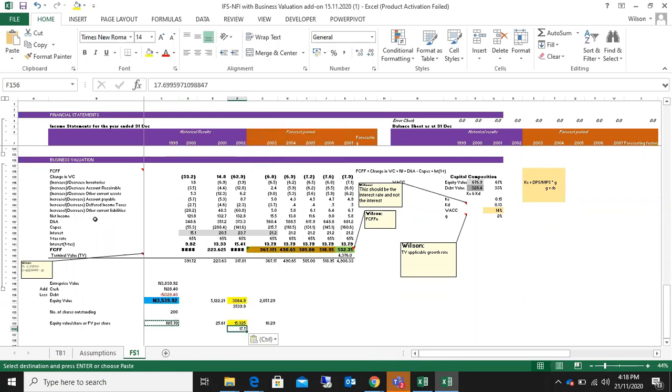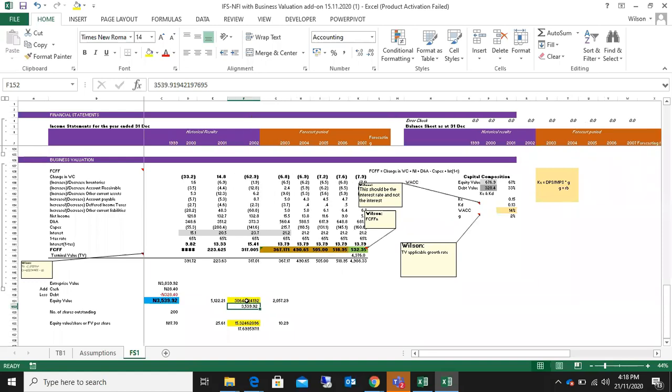So what happens there? You see that the equity value actually went up. Equity value went up, but the equity value per share, or the fair value, went down.